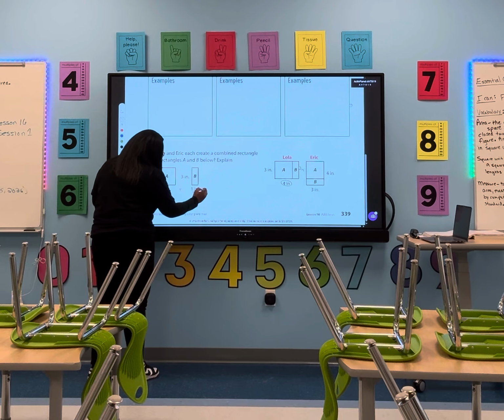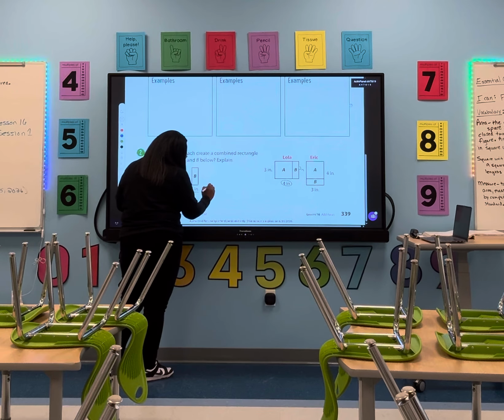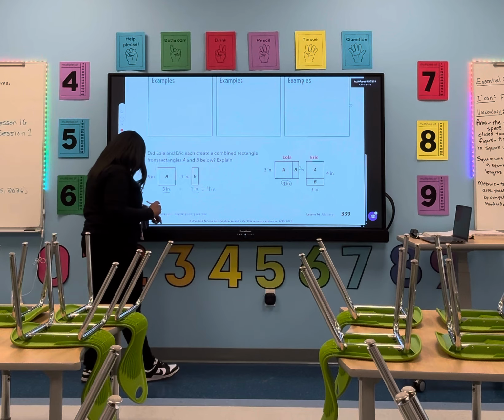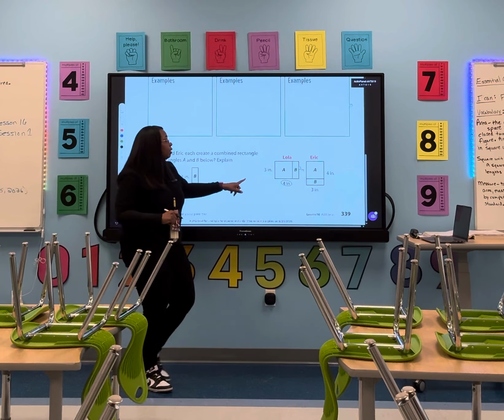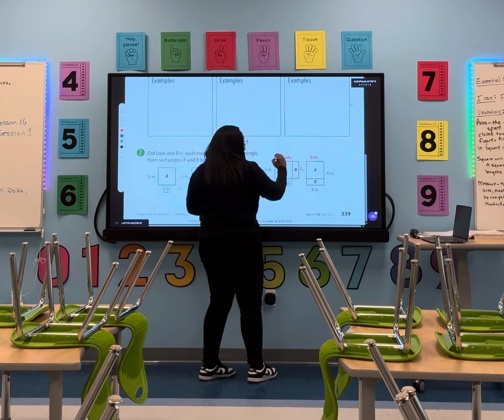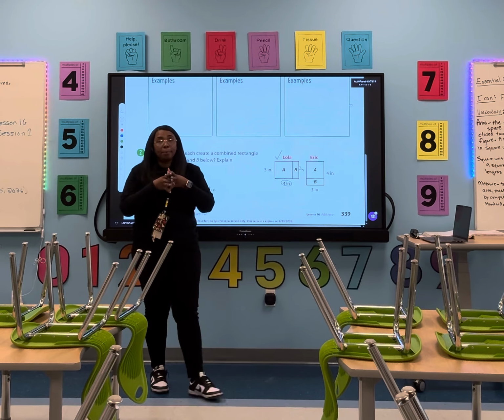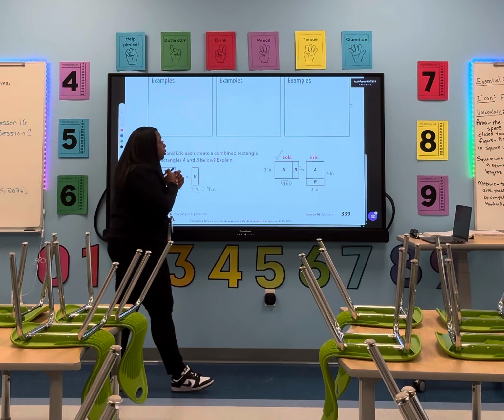If I add my 3 inches plus my 1 inch, this gives me 4 inches. That's how they got the 4 inches. So far, Lola has a correct combined rectangle.